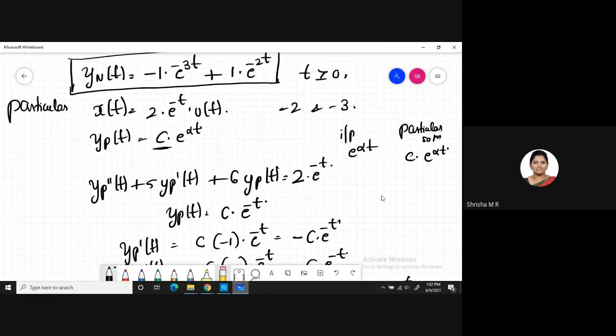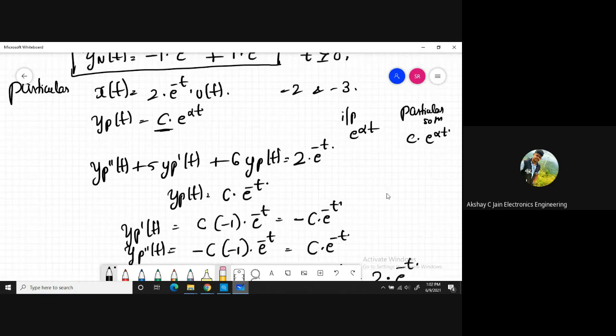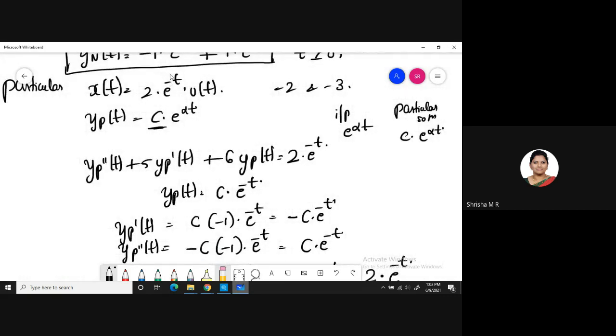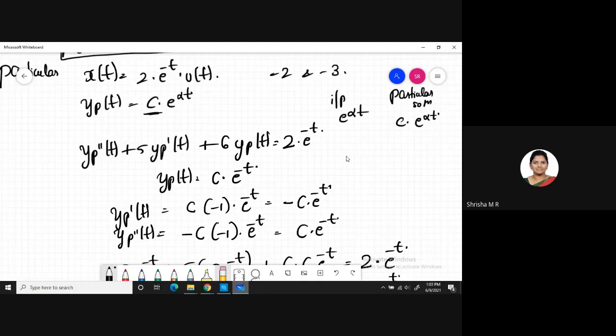Clear, everyone? x of t is 2 times e power minus t into u of t. u of t is a constant which starts from 0 and goes up to infinity. Take that as 1. So yp of t is of the form c into e power alpha t, and we take alpha as minus 1 here. So you have 2 into e power minus t, and yp of t is c into e power minus t.